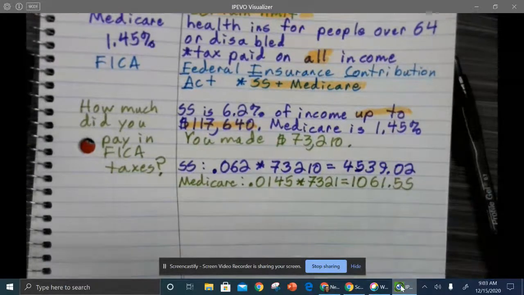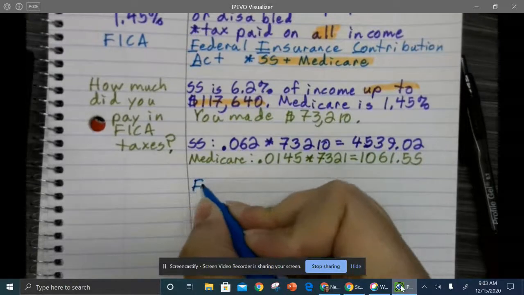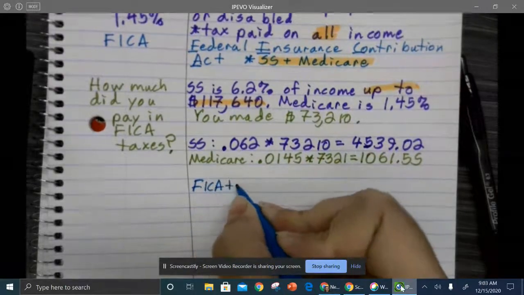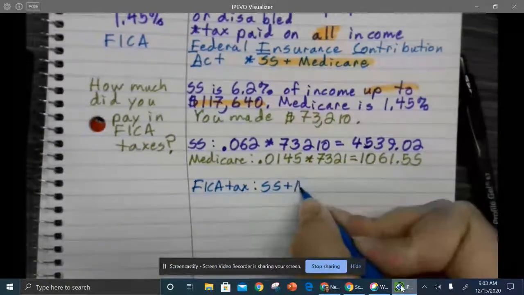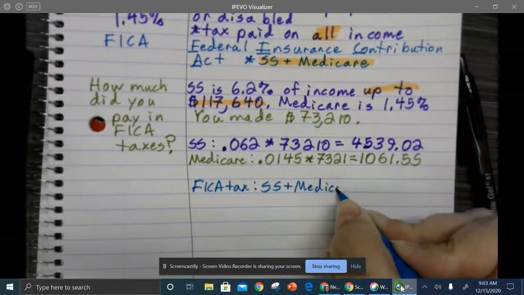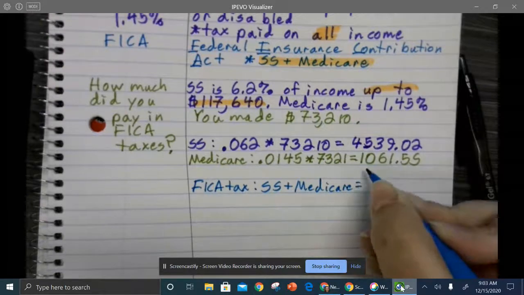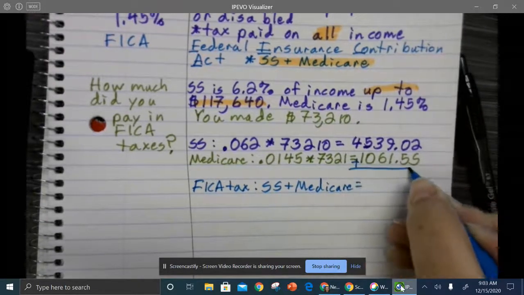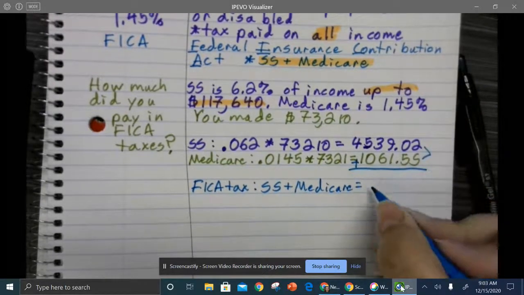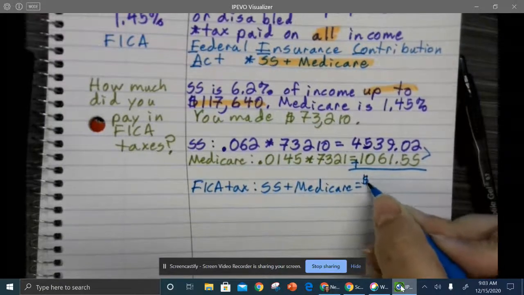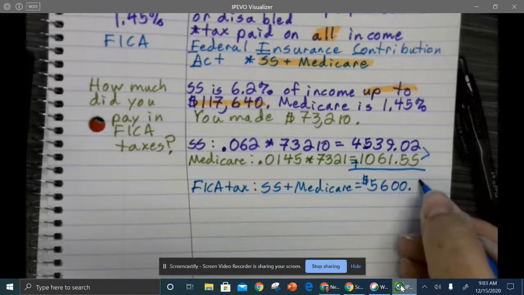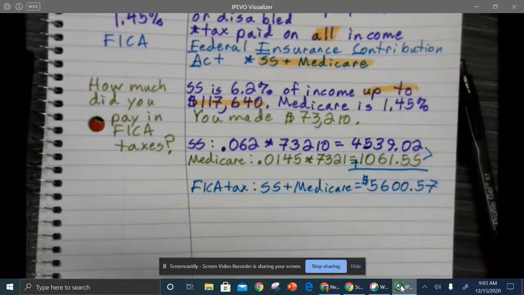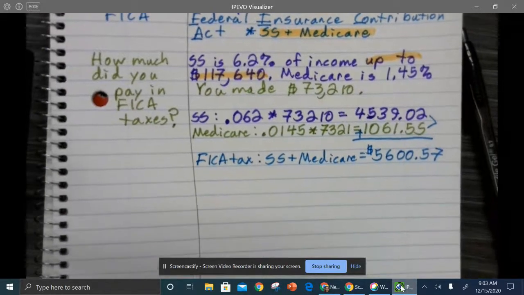So if we're going to figure out FICA tax, Social Security plus Medicare. Okay, so we're going to add these two together. So the total amount paid would be $5,600.67.